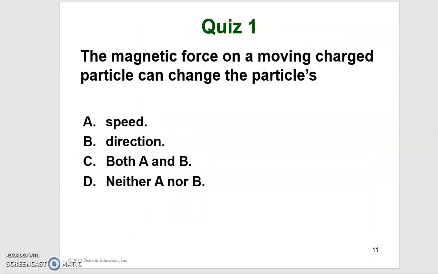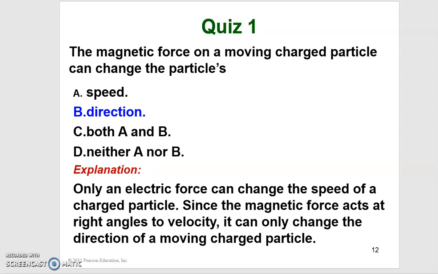So now let's try to have our first conceptual quiz today. This is not a difficult one, but you should think about it. What is the direction of the magnetic force with respect to the direction of the charged particle? So the answer is B. They cannot change the speed of the particle because they cannot accelerate the particle.